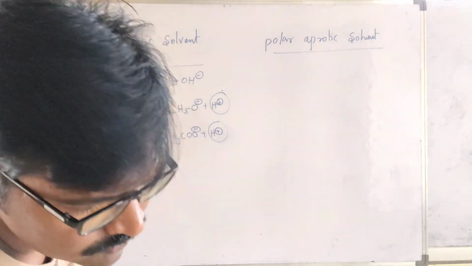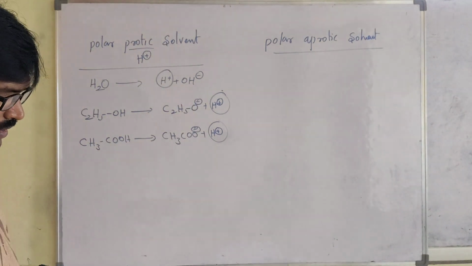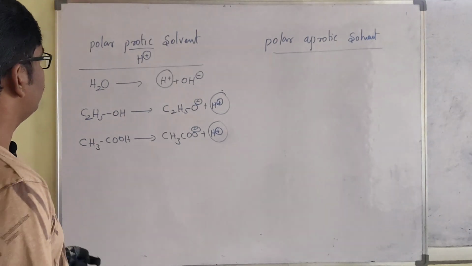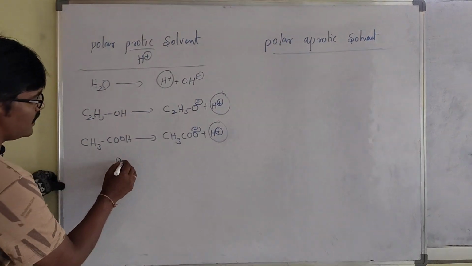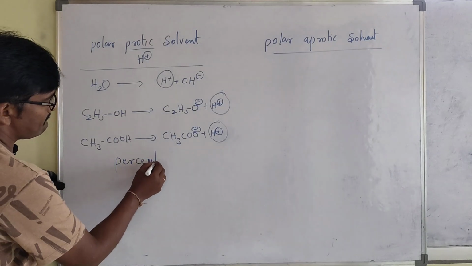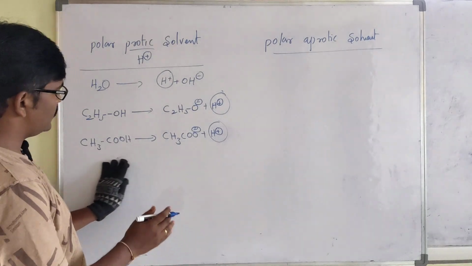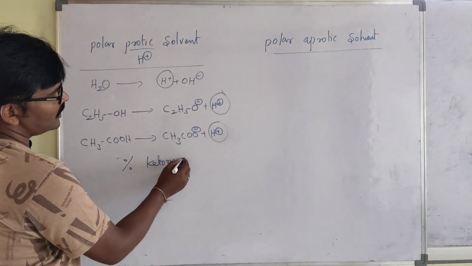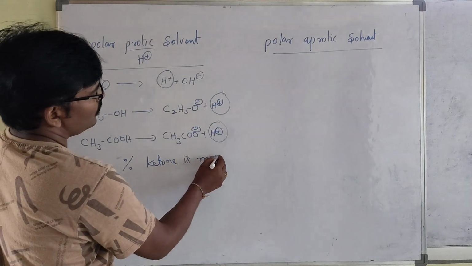When in a protic solvent, the percentage of ketone is more stable.